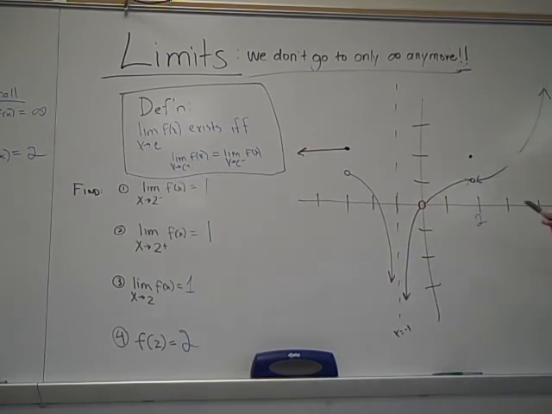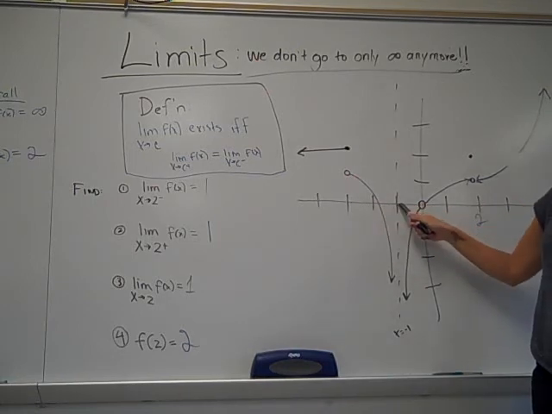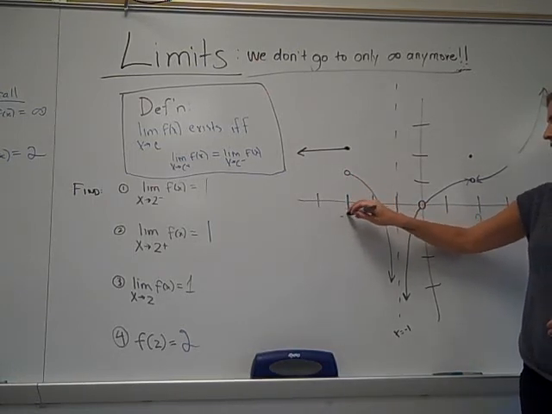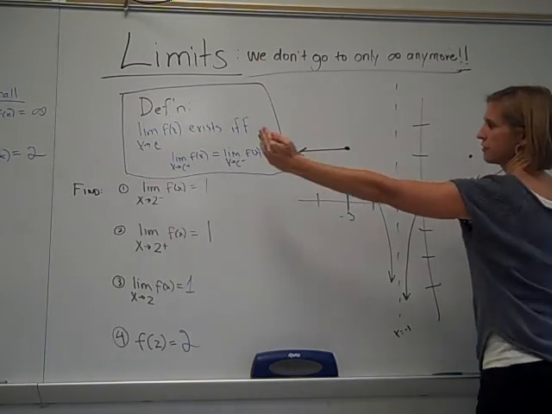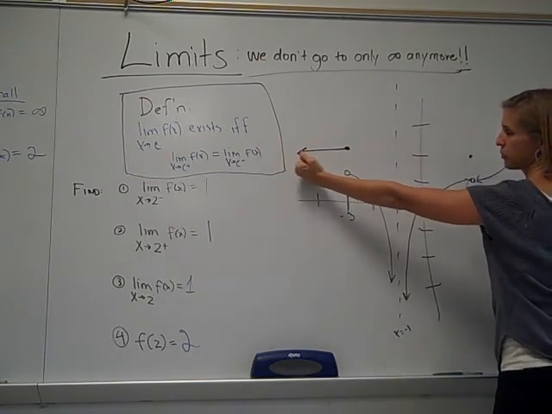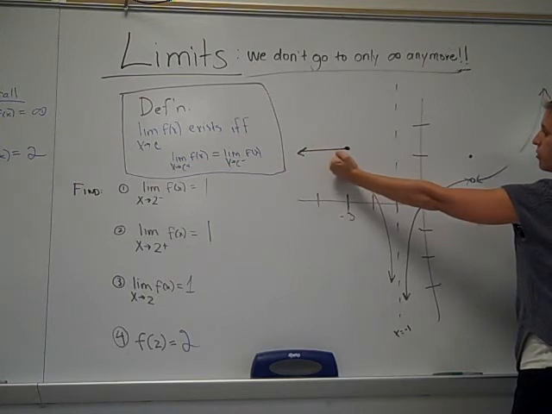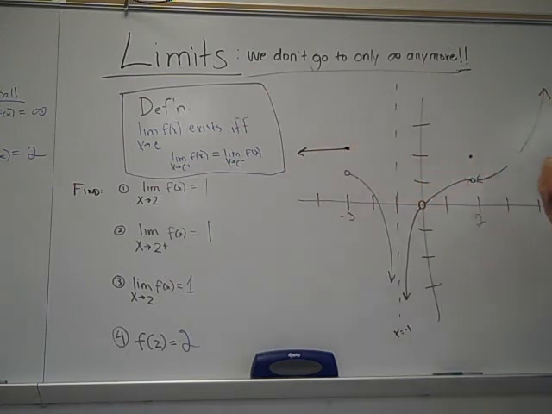The limit as x approaches -3, so here's -1, -2, -3. Here's the x value of -3. As x approaches -3 from the left, starting over here, coming this way. So if I come in this way, here's -4, -3.5, and so on. What y value am I getting close to as I approach it from the left? 2.